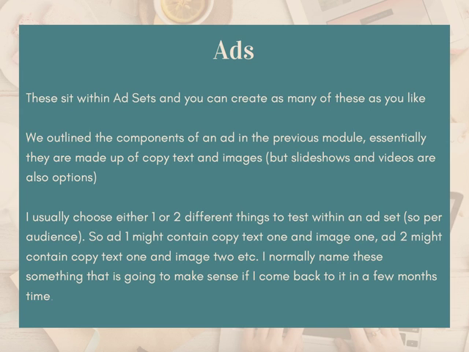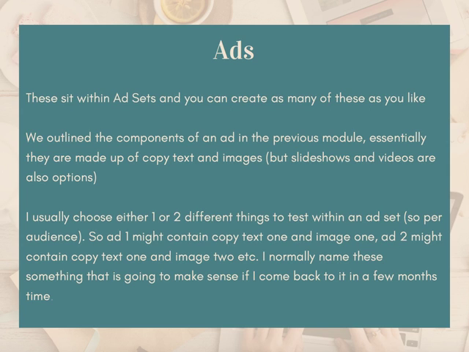So with an ad, I normally choose one or two different things to test within an ad set. So you might have two ads that are being shown to the same audience, and one might contain one set of copy with an image, and then the other ad might contain a different set of copy but with the same image.